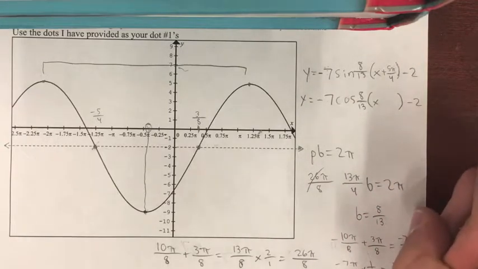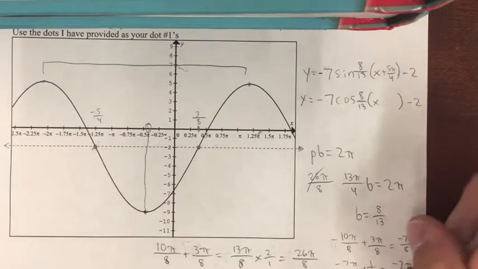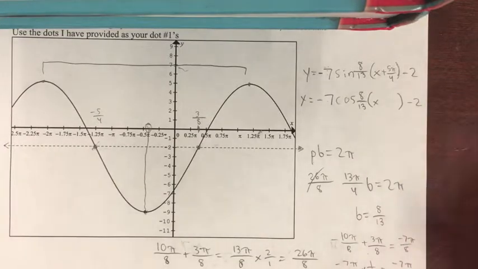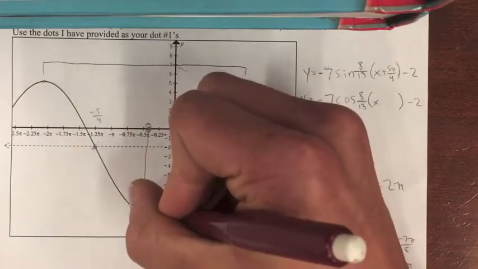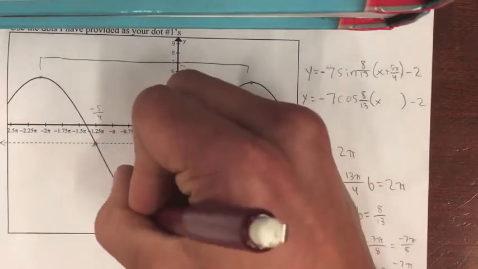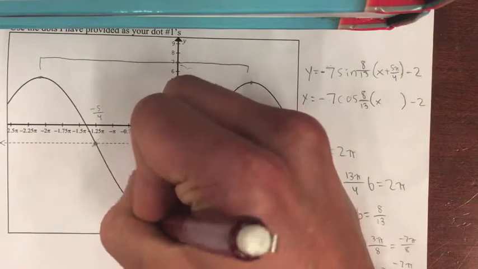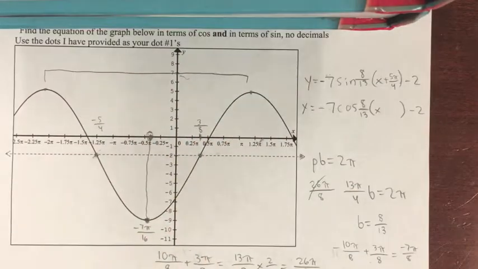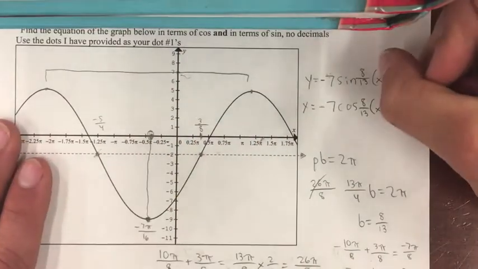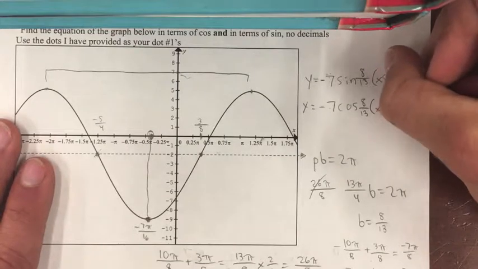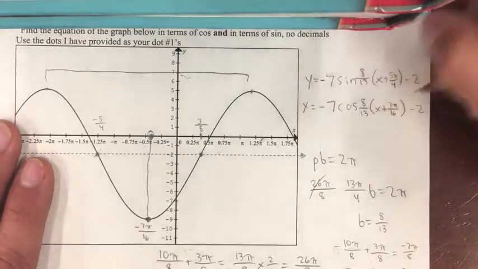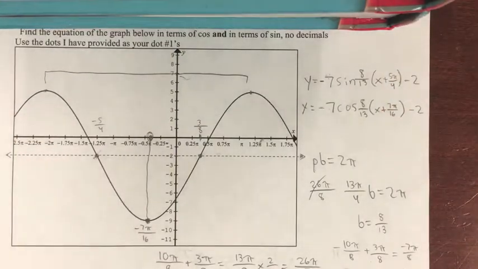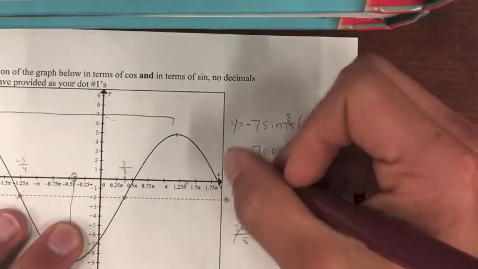And we get negative 7 pi over 16. So this point right here, we know the x is negative 7 pi over 16. So now we can finish our cosine equation and put plus 7 pi over 16. And these are the two final answers right here.